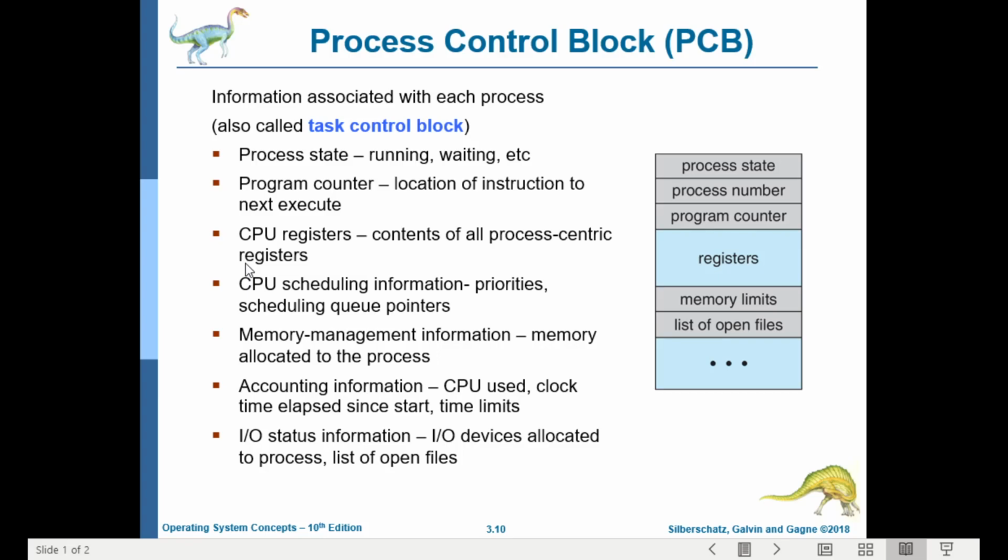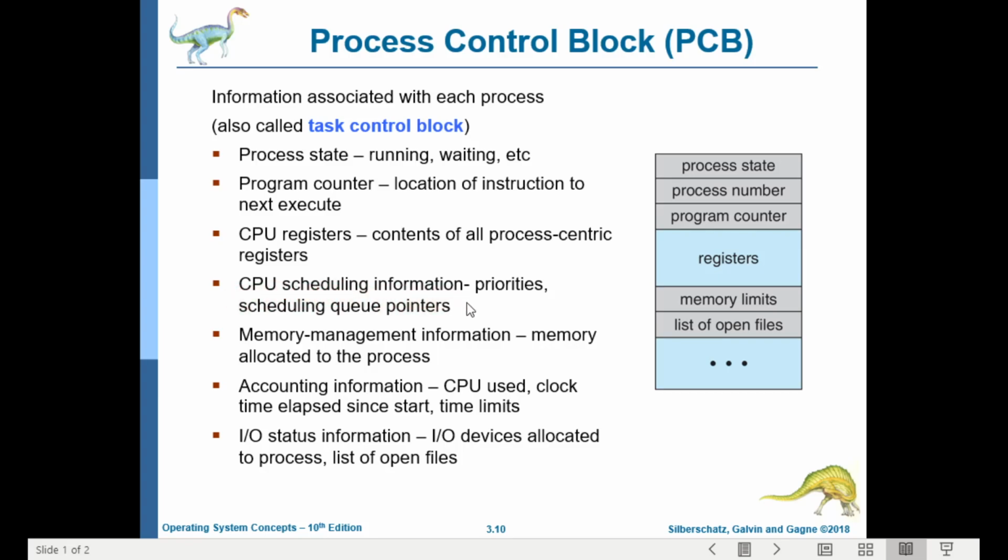The current value of each program counter and CPU register will be saved in the appropriate fields of the corresponding PCB when a process is interrupted, because we want to allow the process to continue correctly afterward when it is rescheduled to run again.